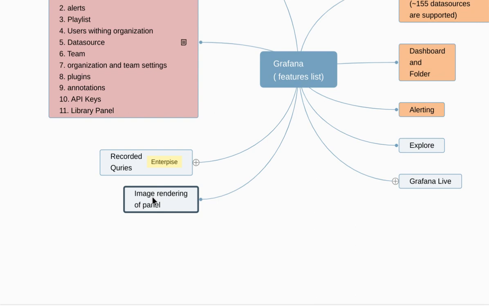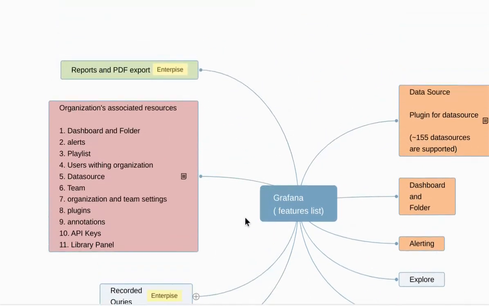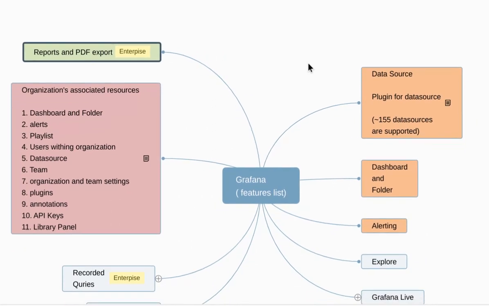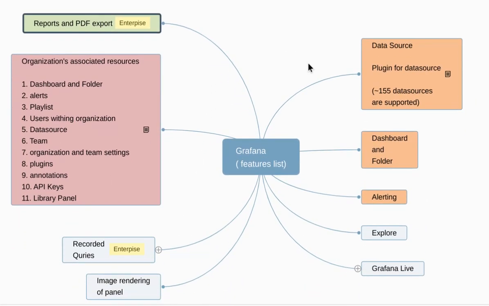The visualizations can be generated by a dedicated image rendering server, so that they can be embedded within reports or any other visualizations. That is when we go for image rendering features. Of course, we can also generate reports as PDFs. So these are the high-level features provided by Grafana.